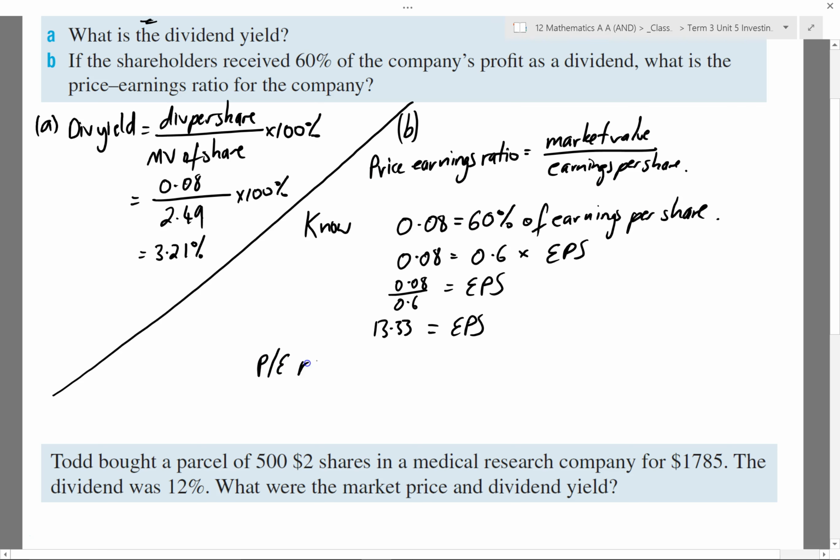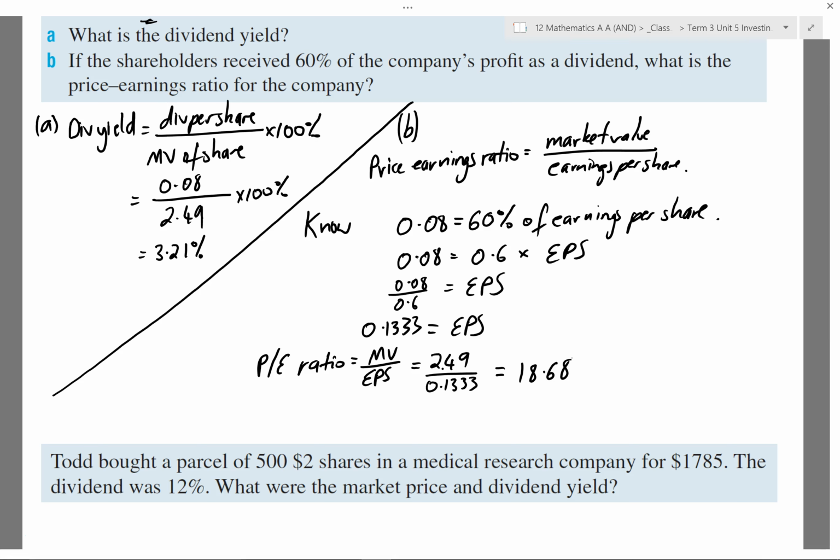My PE ratio, market value divided by earnings per share, will be $2.49. So correction, $2.49 divided by my 13.33 cents. This 13.33 should be in cents. $0.1333. End up with a PE ratio of 18.68. Again, quite a high PE ratio.